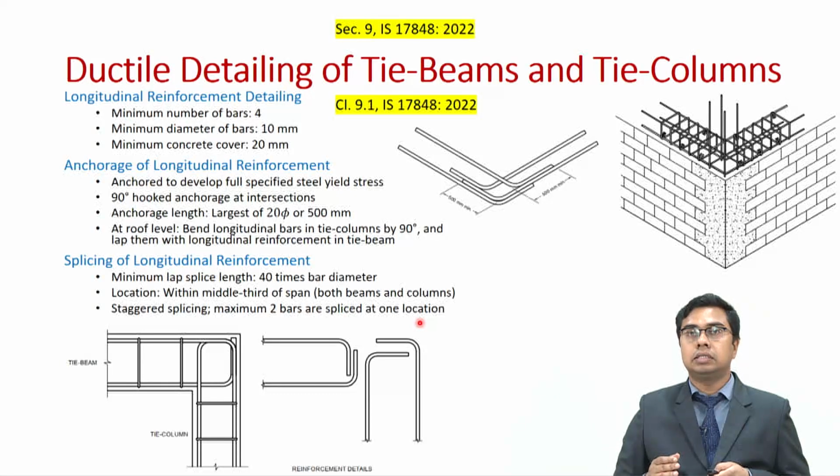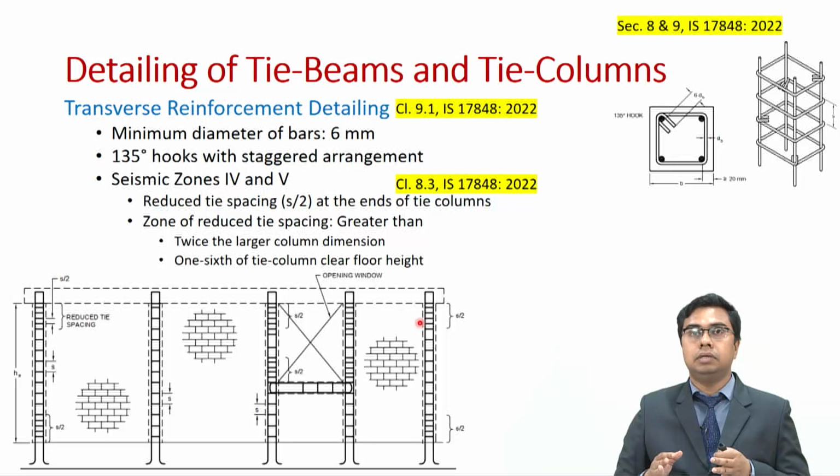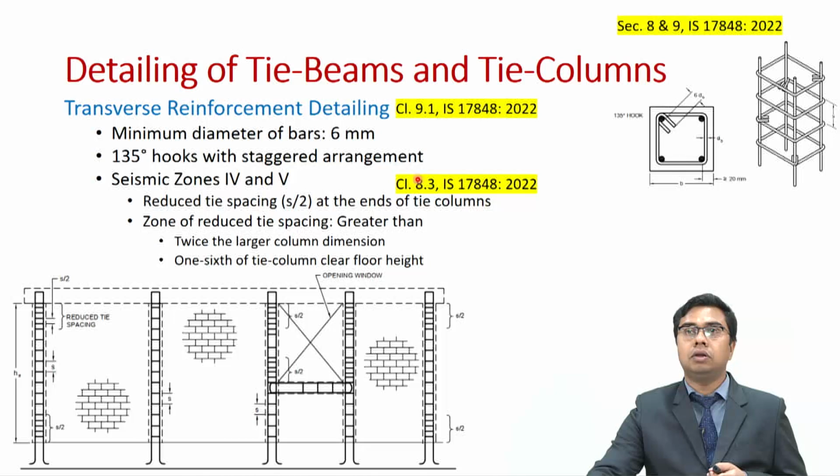Now, we shall discuss the ductile detailing of these tie beams and tie columns pertaining to transverse steel. What is transverse steel? Transverse steel, which is commonly called stirrups, is supposed to carry shear forces. What shall be the minimum diameter of these bars?